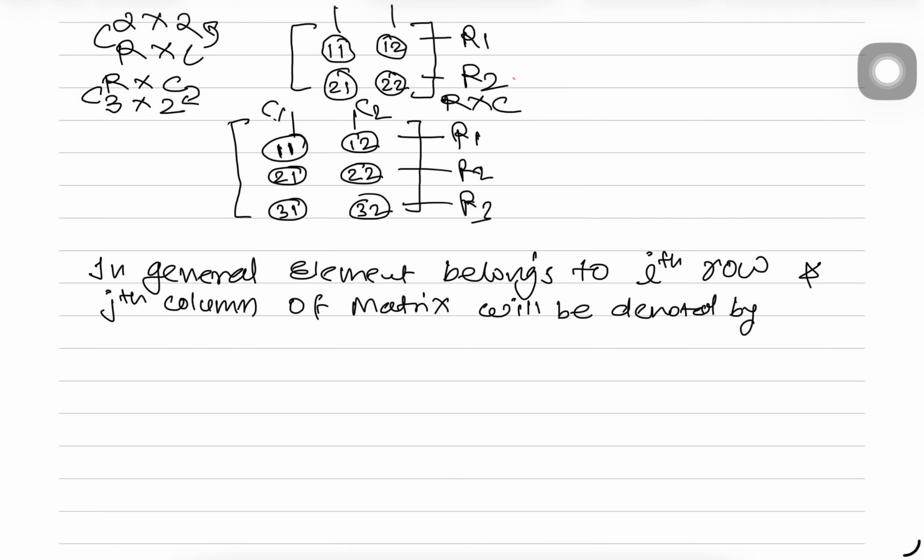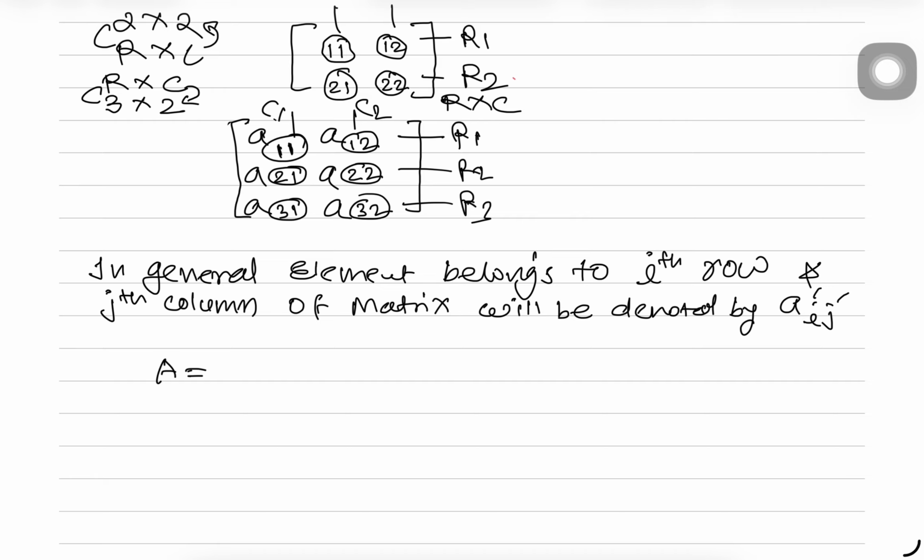A of ij is nothing but the positioning. So I can represent A of ij as A11, A12, A21, A22, A31, A32. Here i is the coordinate of the row and j is the coordinate of the column.